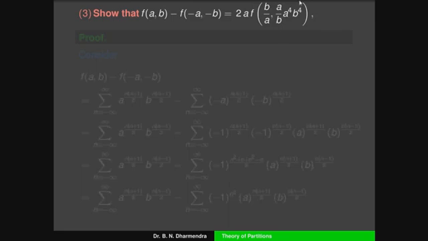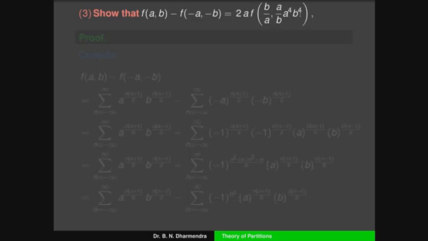When you cancel the b here with b to the power of 4, that becomes b cube, and when I multiply, the term is a to the power of 5 into b cube. So the formula will be in a neat form. So when I take the terms of a by b, that is a to the power of 4 into b to the power of 4. So that's why I can write it like this.